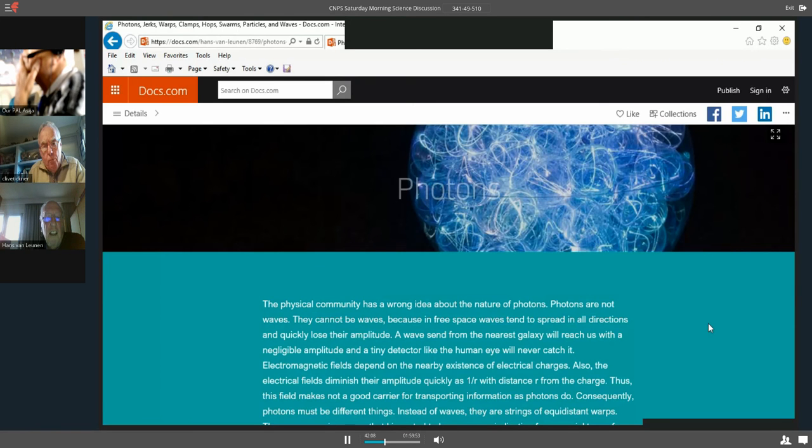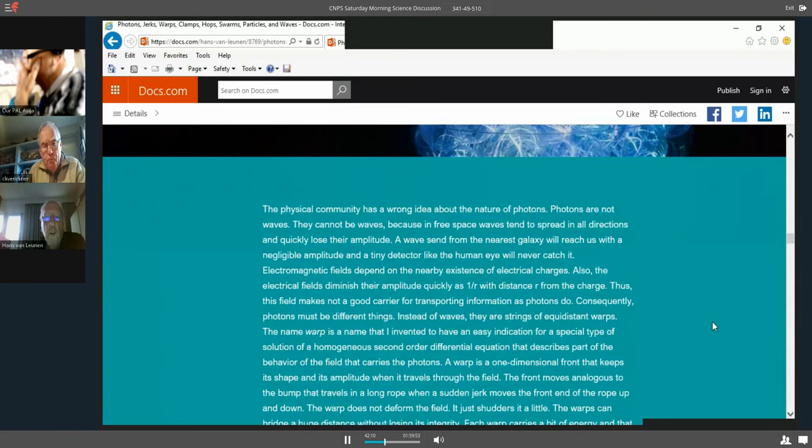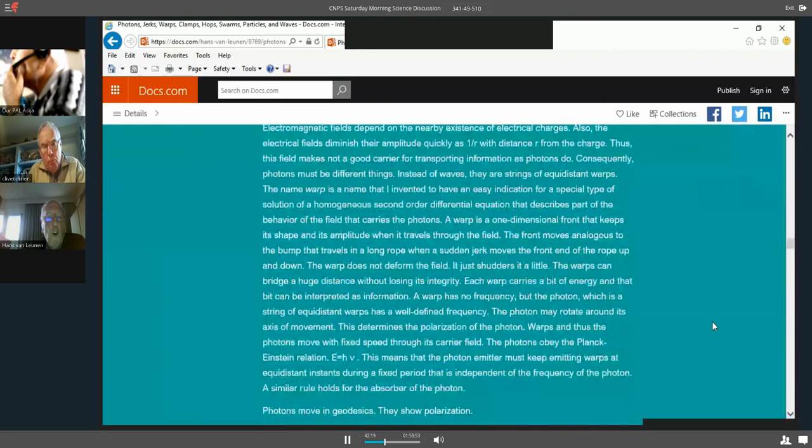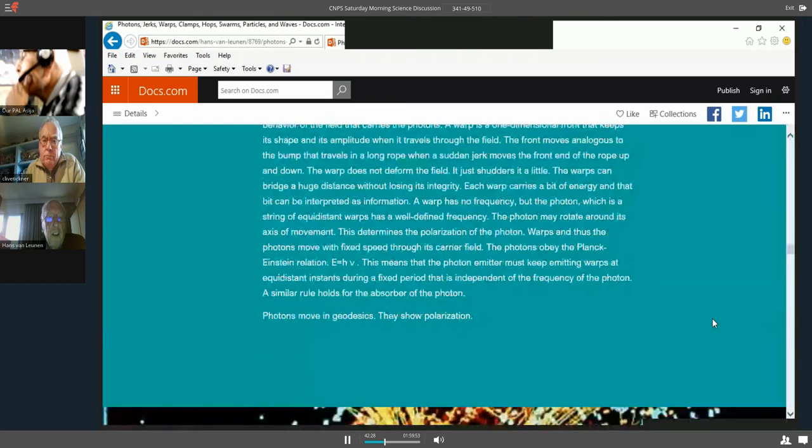So they need a carrier field to travel, and what the carrier field can be is just the gravitational field. In fact, the gravitational field is our living space where we're living. That is also a field.